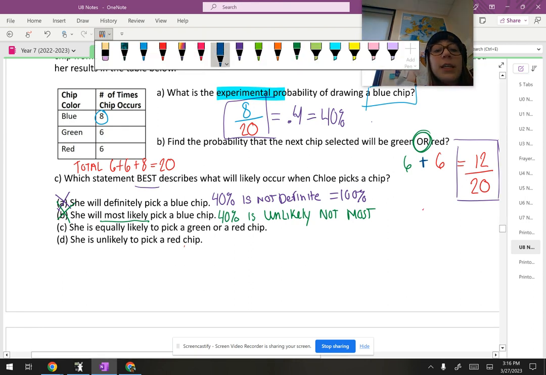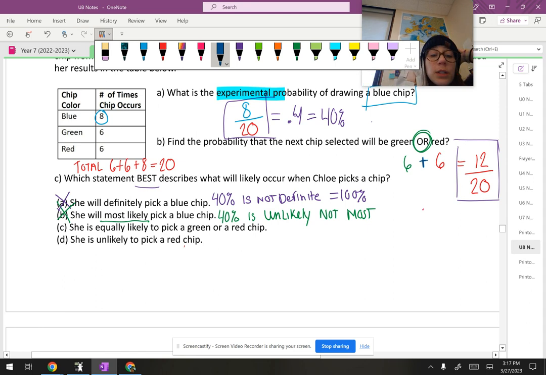I could see how you might think that, like if it was saying which color are you most likely to get, it would be blue because blue has the highest probability. But that's not what the question was saying. If it had said which color are you most likely to pick, that would be different. She will most likely pick a blue chip: not true.